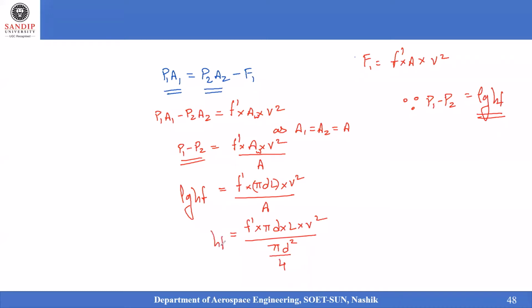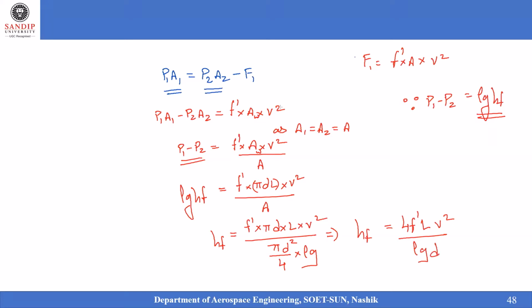If I'm writing only rho g hf on this side, then I'm supposed to multiply with rho g in the denominator. And here in this equation, hf will become 4 f dash L v square by rho g and d.